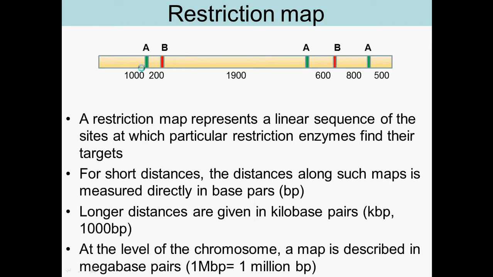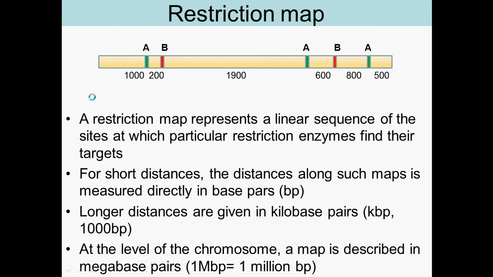So this would be 1,000, and then this one would be 800, and then this one would be 1,300. Those are the only fragments you get. One, two, three fragments if you just use EcoRI. And likewise, if you use both, you get 1, 2, 3, 4, 5, 6, all these fragments corresponding with these.